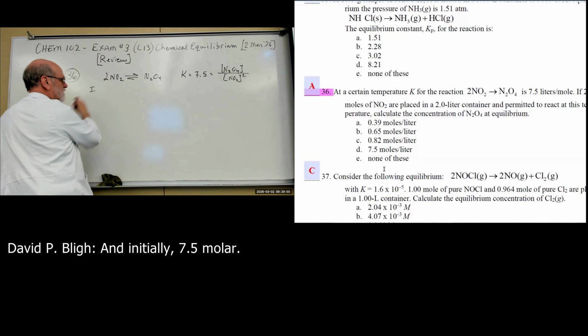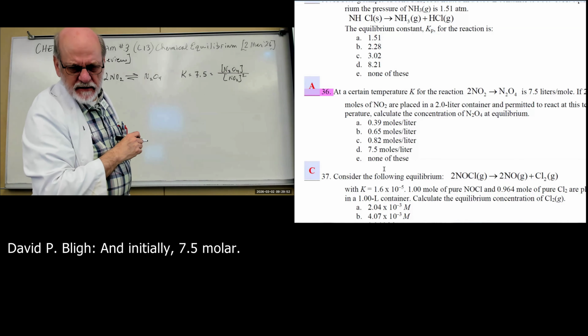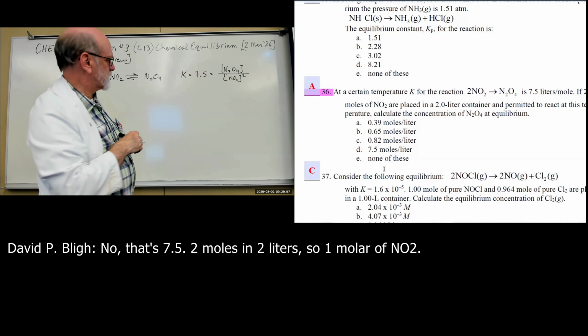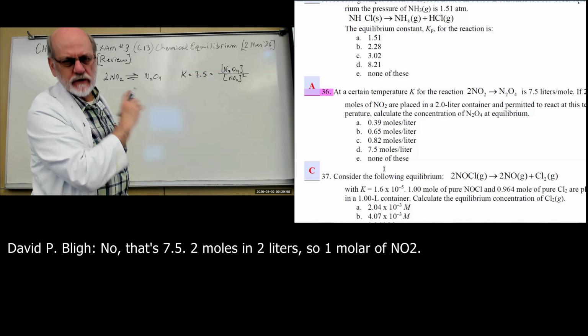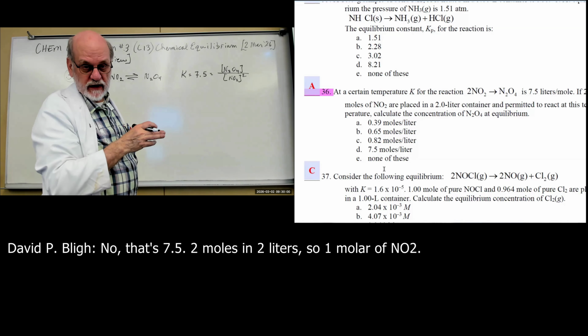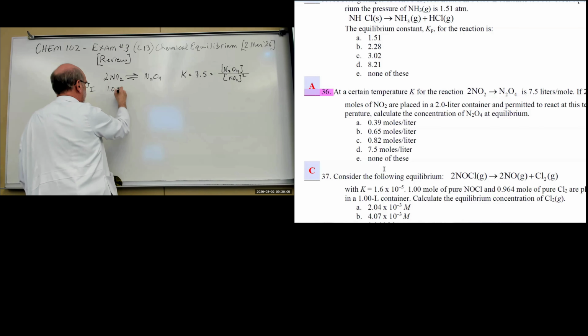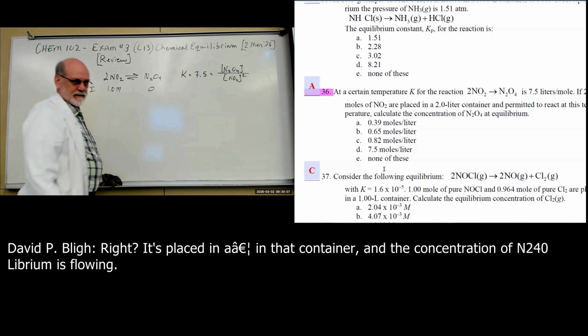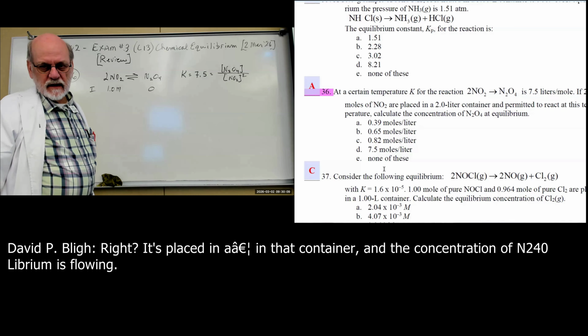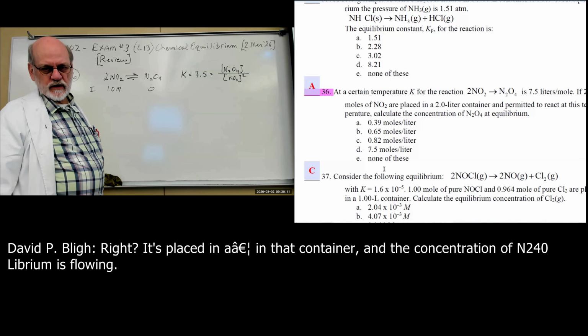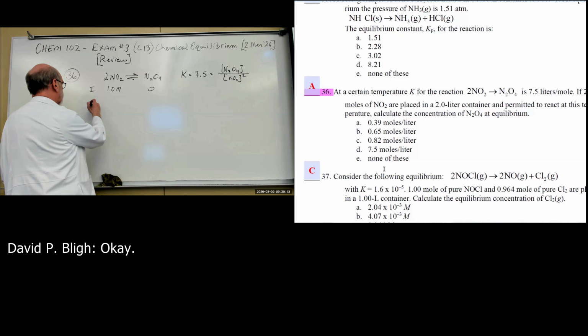And initially, that's 2 moles in 2 liters. So 1 molar of NO2. All right, it's placed in that container, and the concentration of N2O4 at equilibrium is what?